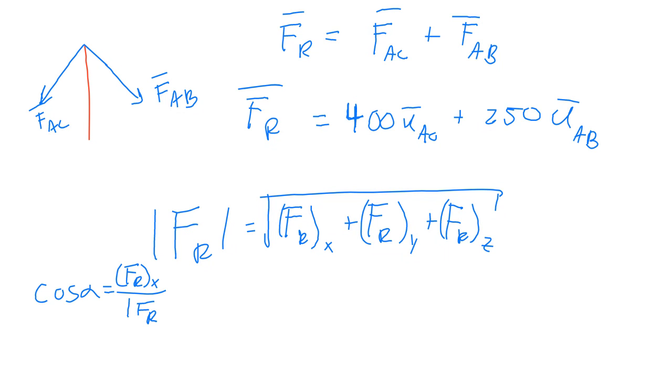Because I know all of this here, FR magnitude, right? And so on for the last one. So we can solve for alpha because we know the x component of the resultant, which you solve for by adding these two, right? The x component of both of those. Yeah, and then that would be how you solve problems.